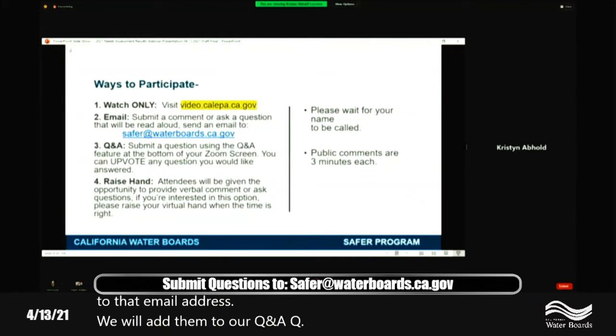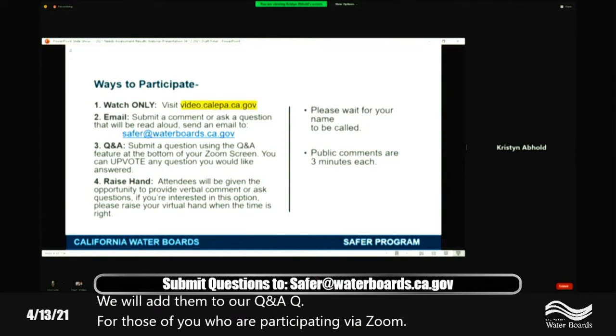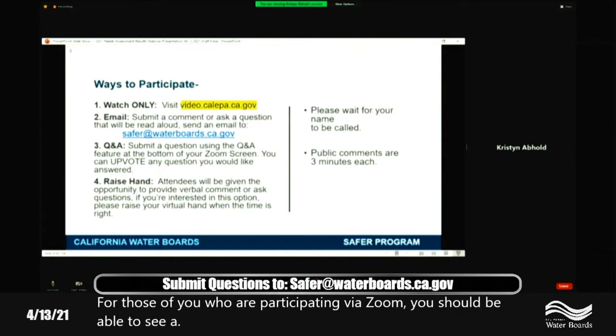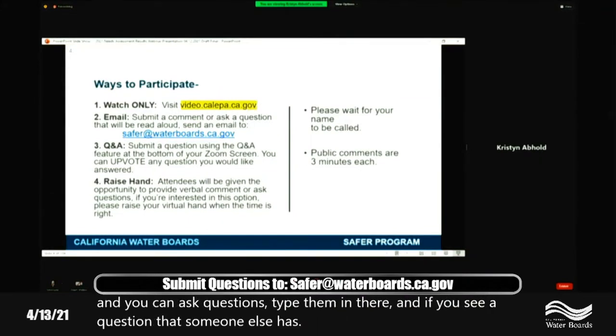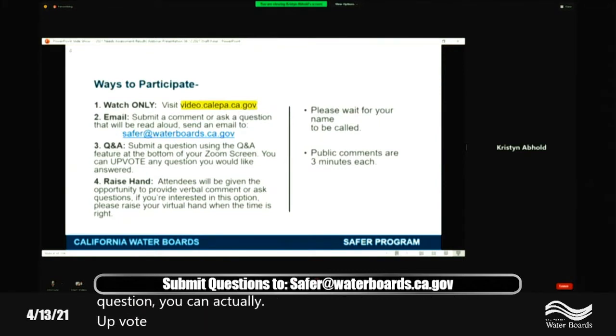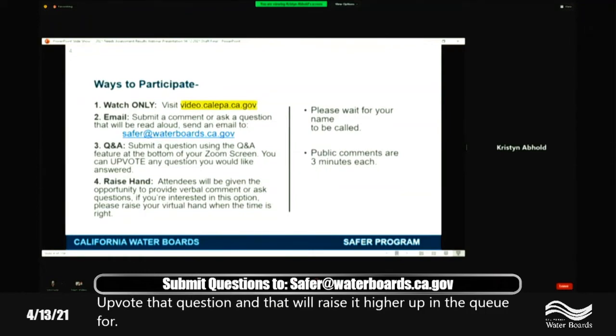For those of you who are participating via Zoom, you should be able to see a Q&A feature at the bottom of your Zoom screen, and you can type your questions in there. And if you see a question that someone else has typed in and you have the same question, you can upvote that question, and that will raise it higher up in the queue for us to get to. But we also want to hear your voice.